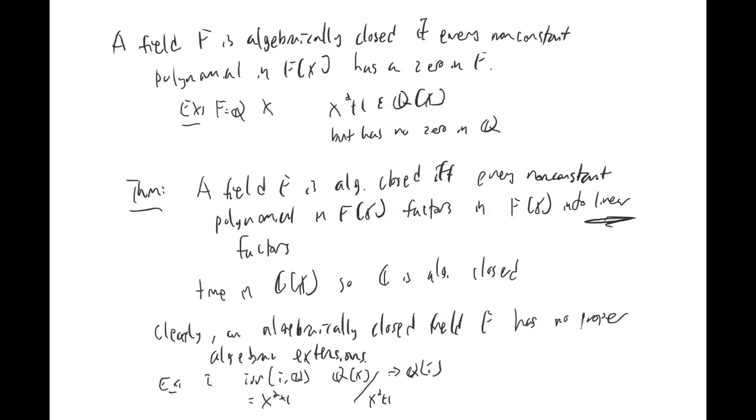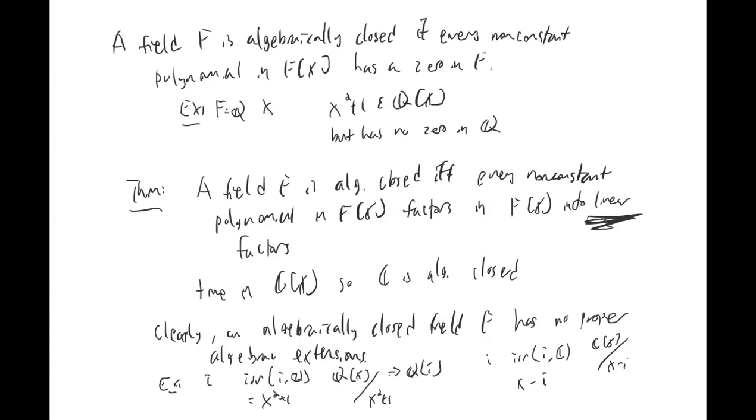But let's take C. What you're going to notice is if I take C, I don't get anything new. What is the irreducible polynomial of I over C? X minus I. Yeah, it's linear. So when I quotient out, what do I get?